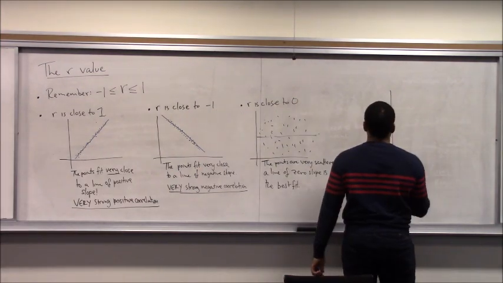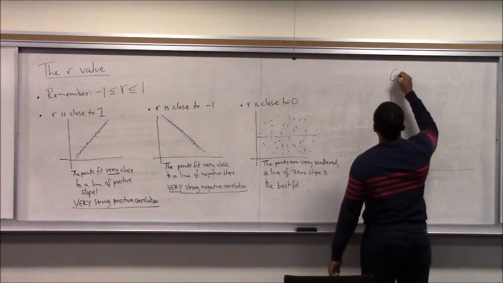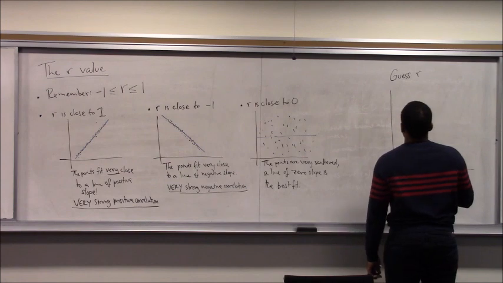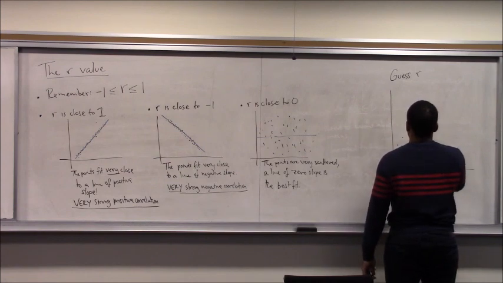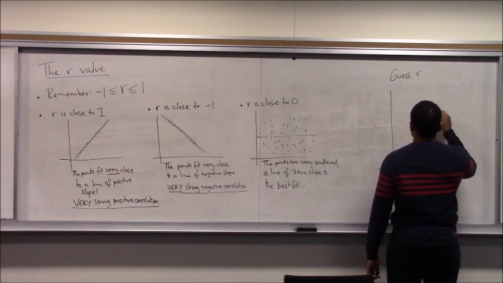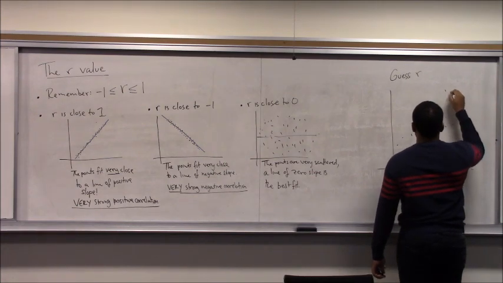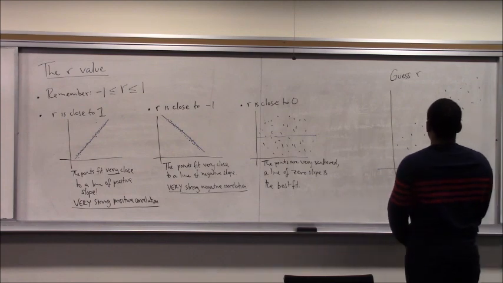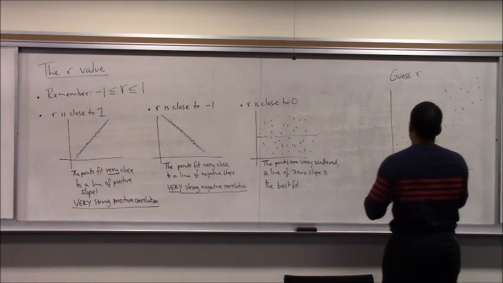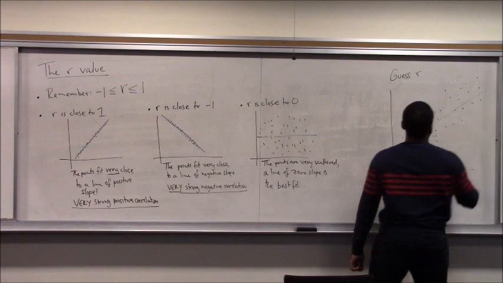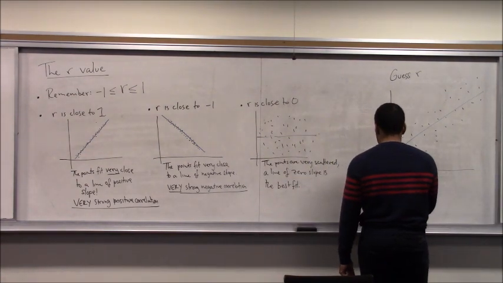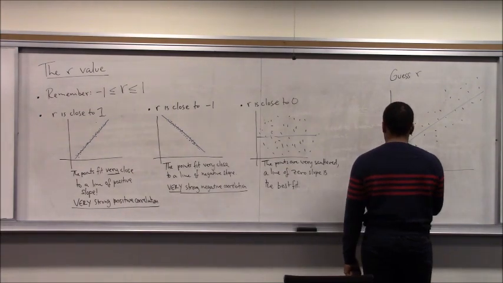So if I were to say something like, guess R, and I drew the line, and I said, here are the options. Is it minus 0.7?